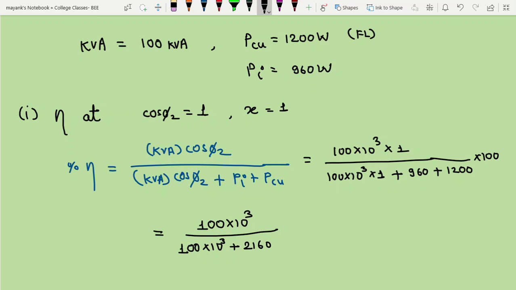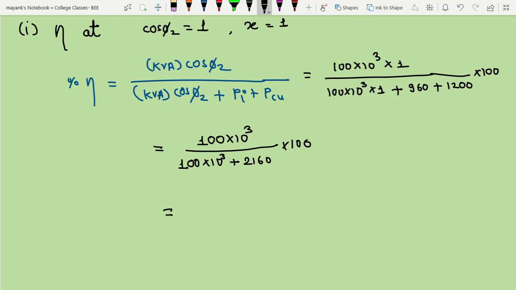So on dividing these two, okay, we will get efficiency. Let us solve this one. 100,000 divided by 100,000 plus this. So ultimately you will get the efficiency of 97.88%.